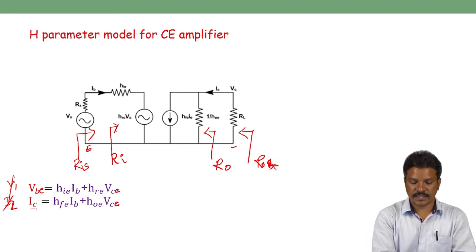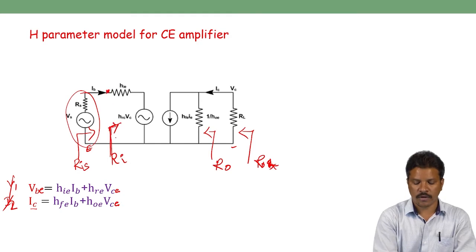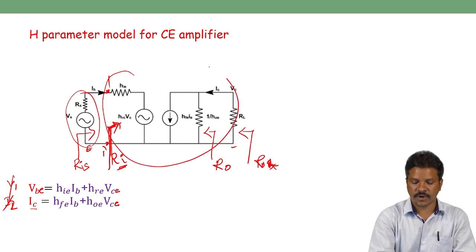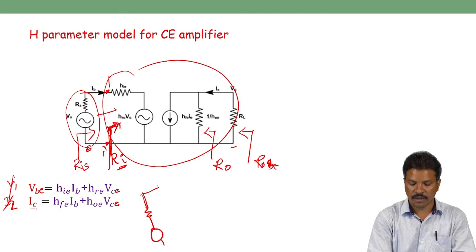What is the entire resistance looking into port 1 and 1 dash? This is the impedance measured by looking into 1 and 1 dash, called RI. So the entire input impedance seen from port 1 is RI, and the equivalent diagram is RS, the voltage source, and then the entire resistance represented by RI.